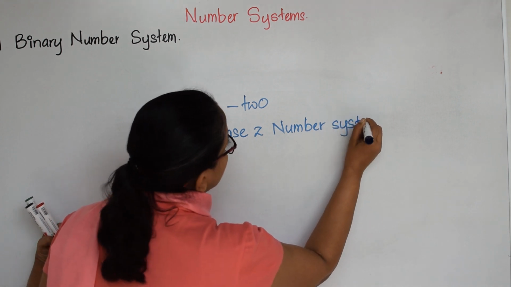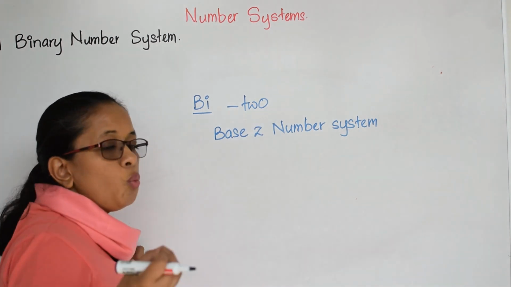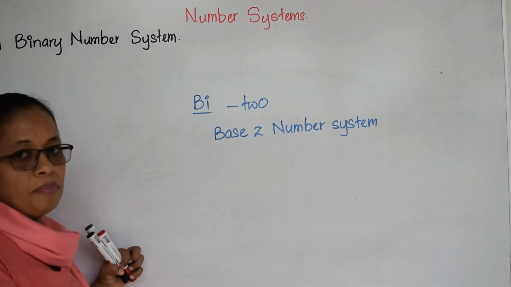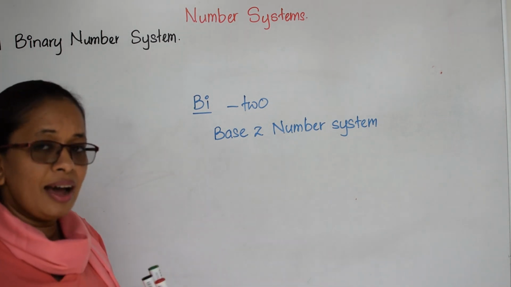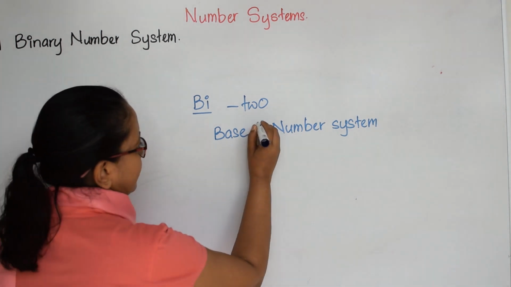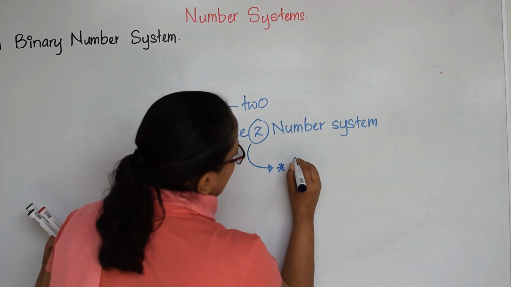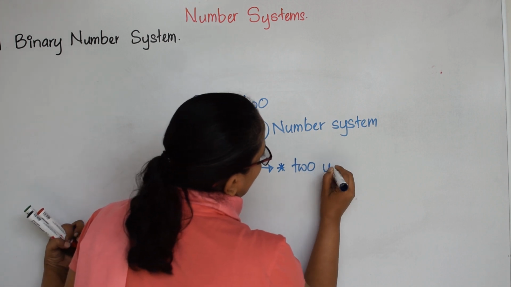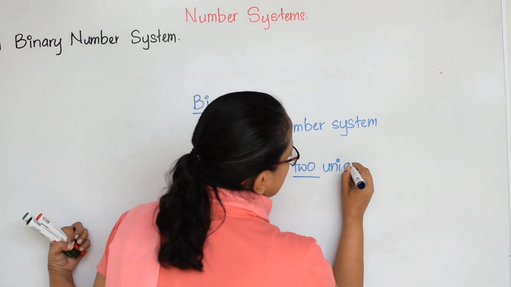Now our work is so much easier. Why? We have understood the base of that particular number system, and it is going to have the same pattern that we identified in the decimal number system. Hope you can remember that pattern. If it is base 2, it is going to be 2 unique symbols.